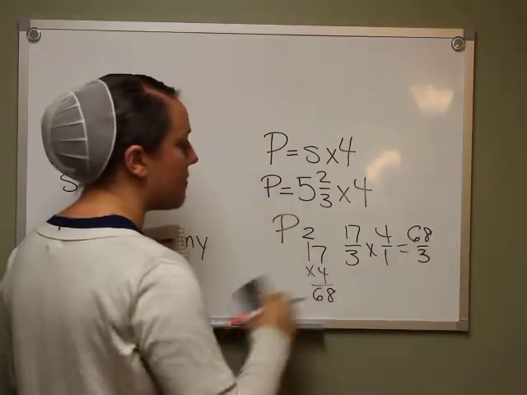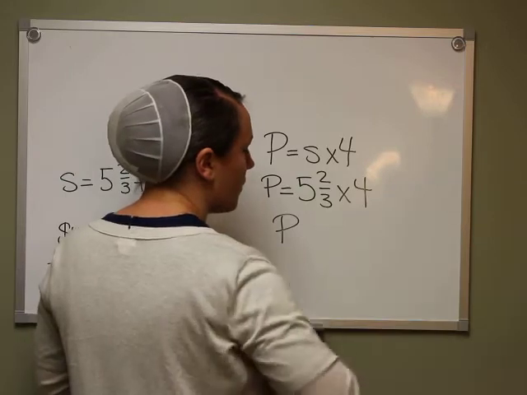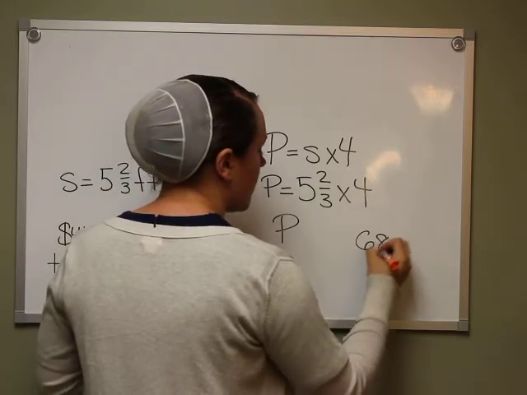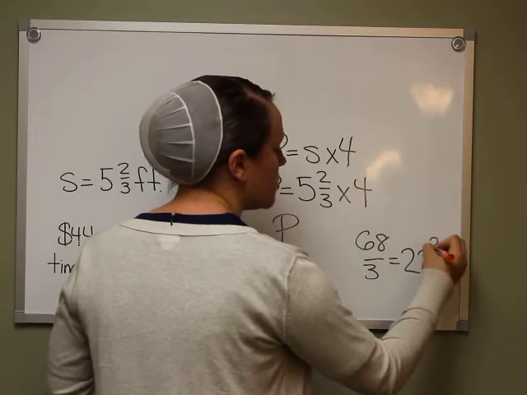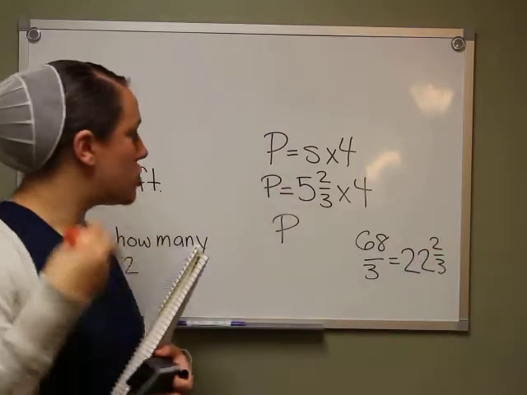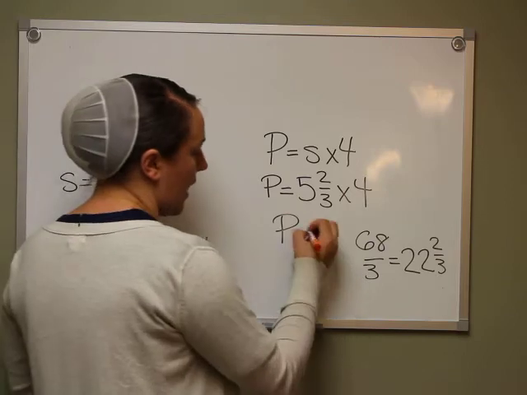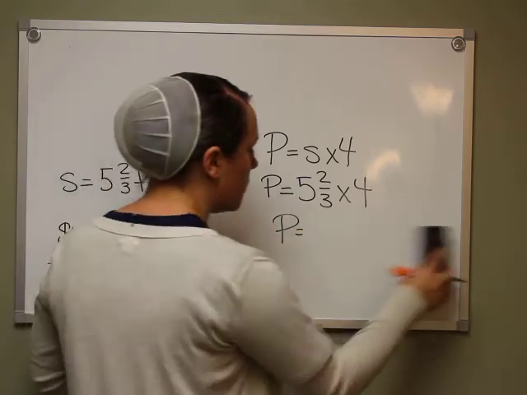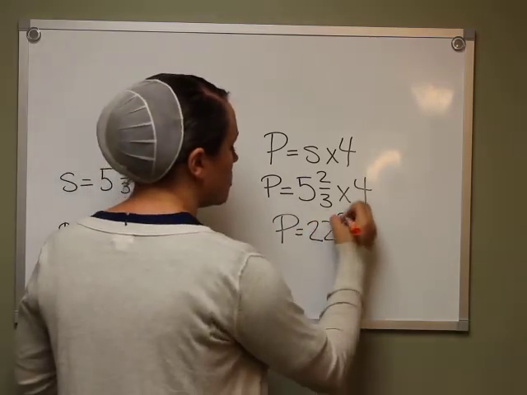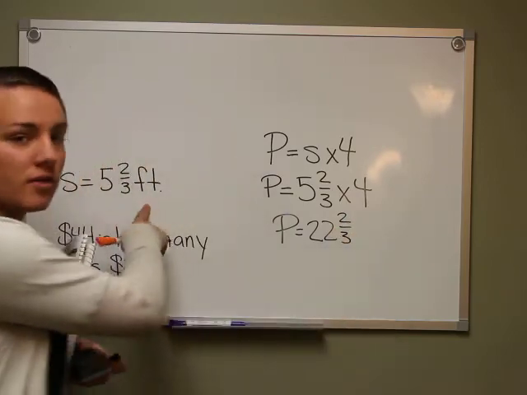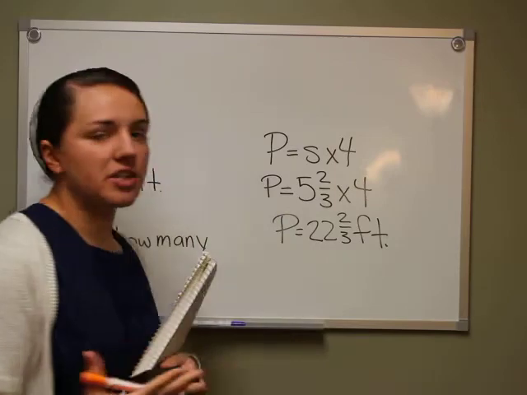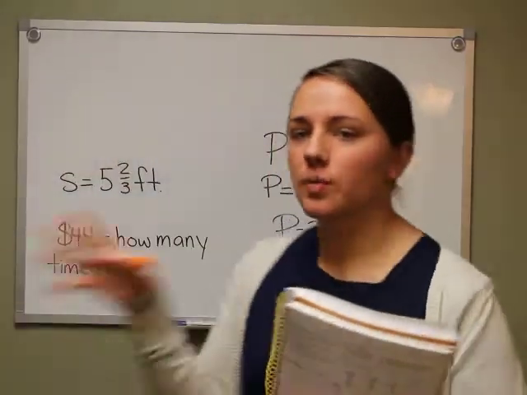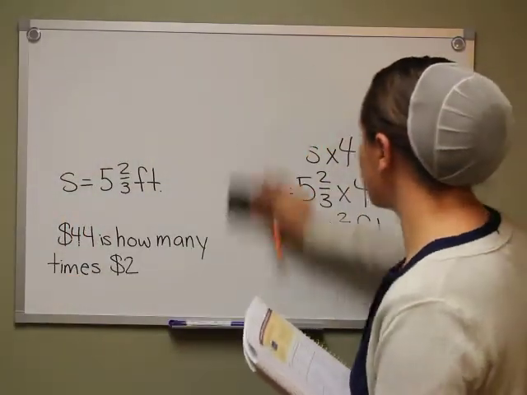And now we need to make that a mixed number. 68 over 3, a mixed number, that would be 22 2/3, okay? So we know the perimeter of our square is 22 2/3 feet, okay? 22 2/3 feet. We did not have to change any units there, we only had one, so we could just do our multiplication.